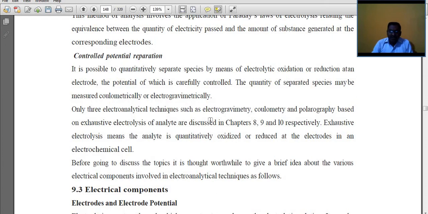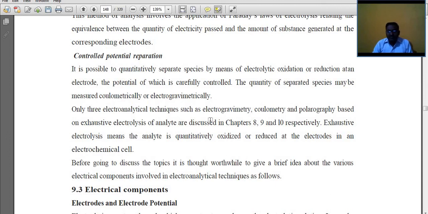Only three electroanalytical techniques, electrogravimetry, coulometry and polarography, based on exhaustive electrolysis of the analyte, are discussed in the next chapters. Exhaustive electrolysis means the analyte is quantitatively oxidized or reduced at the electrodes in an electrochemical cell.